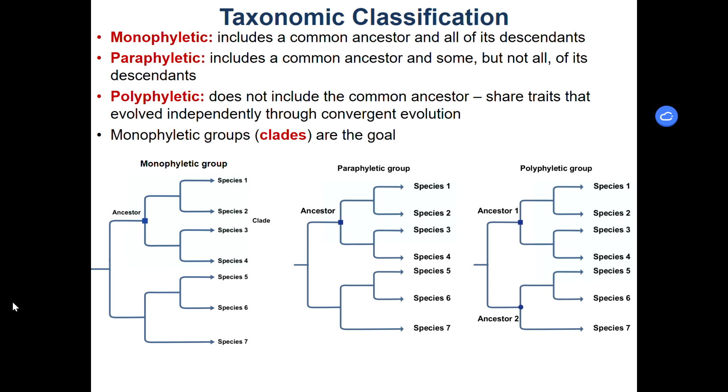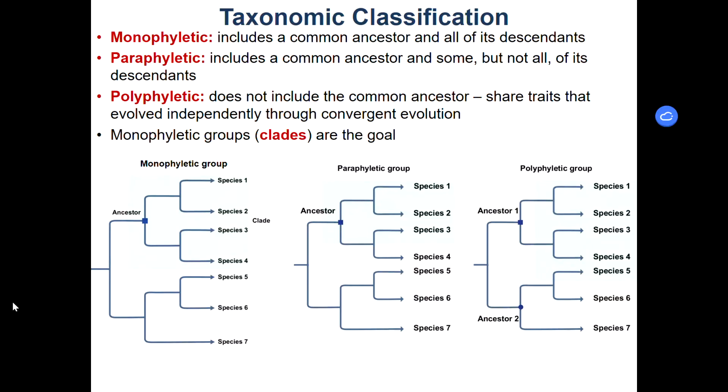Species 1, 2, 3, and 4 all can be traced back to this one common ancestor. So species 1 and 2 are sister taxa to each other. Species 3 and 4 are sister taxa to each other. So 1 and 2 are more closely related to each other than anybody else on this tree. Species 3 and 4 are more closely related to each other than anybody else on this tree.